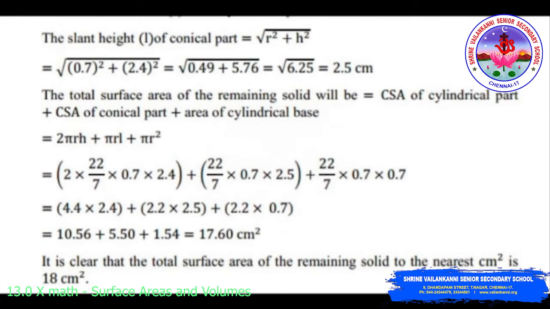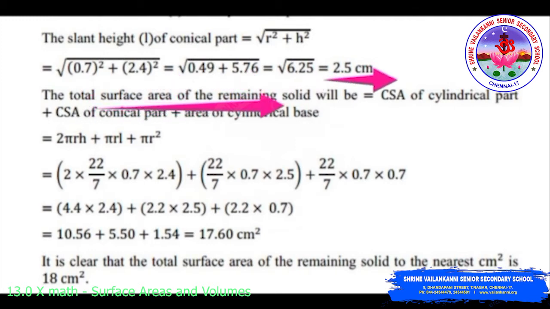Now I need to find out the slant height of the conical part, which can be found out by using square root of r squared plus h squared, which is equal to square root of 0.7 the whole squared plus 2.4 the whole squared, which is equal to square root of 0.49 plus 5.76, which is equal to square root of 6.25, which is equal to 2.5 centimeter.